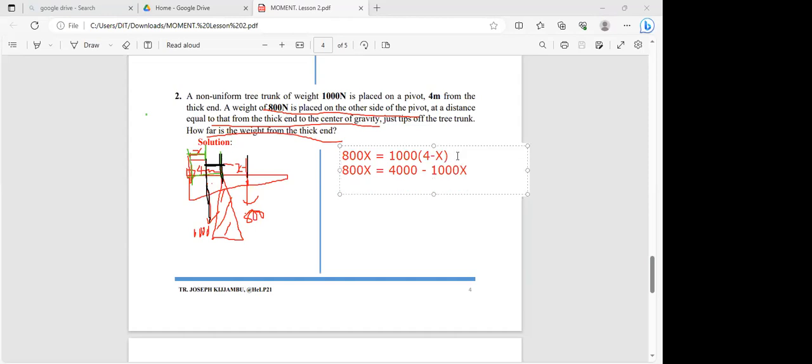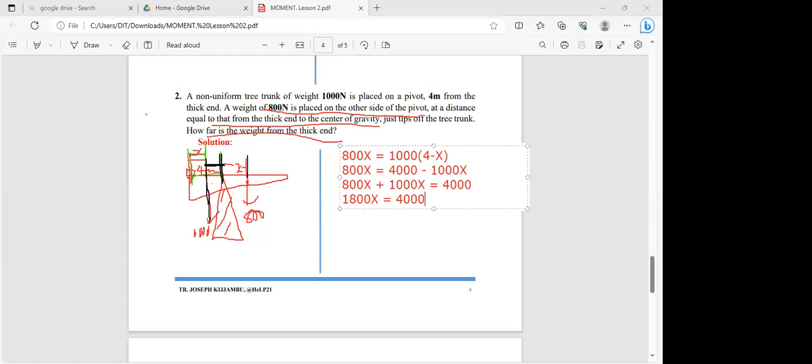Now if I collect like terms, this 1,000x is going to cross the equal sign. Because it has x on it, it will become positive. So I'll be having 800x plus 1,000x equal to 4,000, and that will give us 1,800x equal to 4,000.